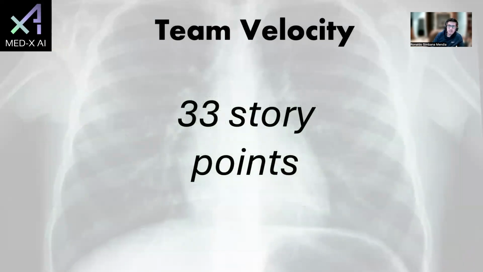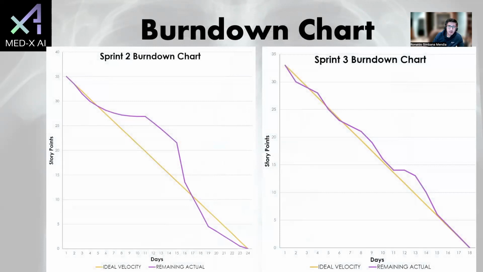Okay, so the team velocity for this sprint was 33 story points. Here, as you can see, we have two burn down charts, one for sprint 2 and one for sprint 3, with their ideal lines and the remaining actual lines as well.